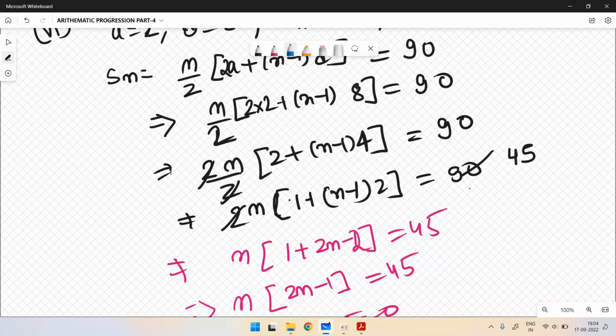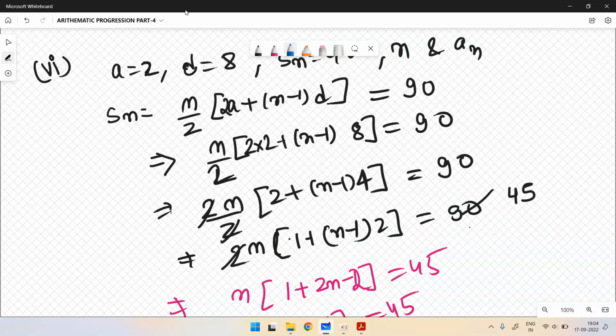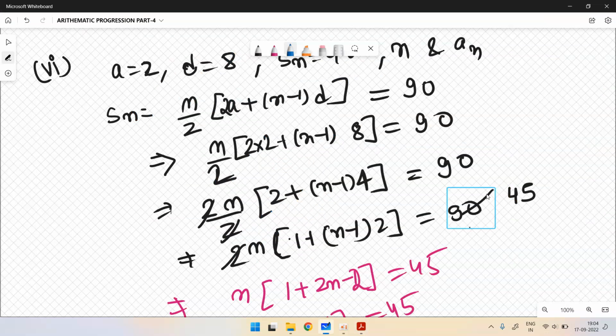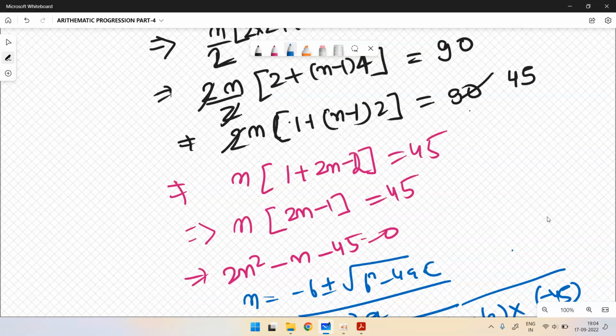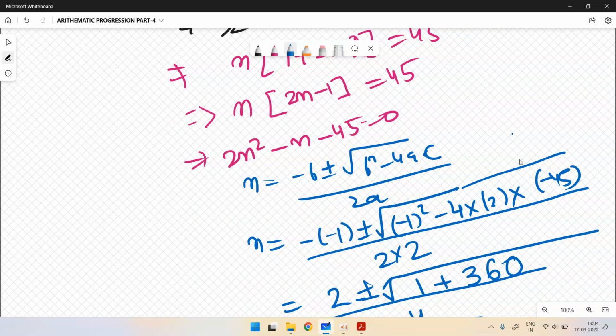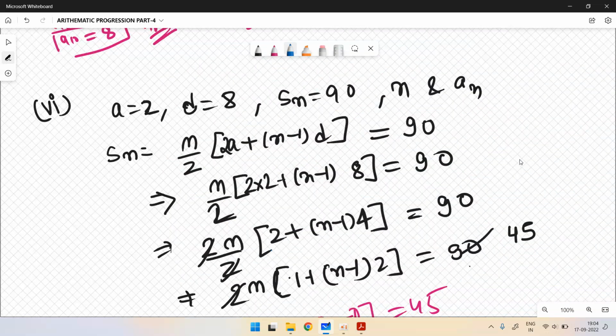This is S of n, so n is 45, into 45, so this is 2n minus 1 into n, 2n square minus n minus 45, so minus b, this is 1 plus or minus under root b square minus 4ac, plus becomes plus, and this 31 to 19, so this plus 19 and 21 divided by 4. What is the mistake I'm doing?